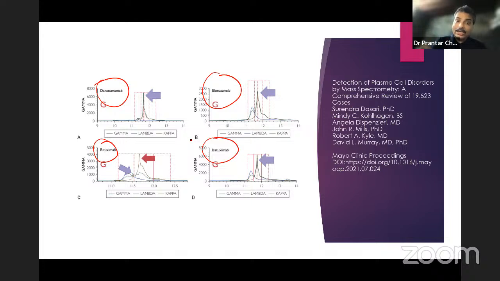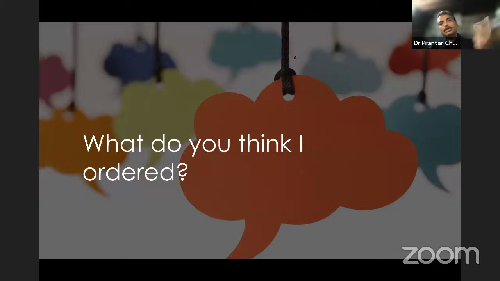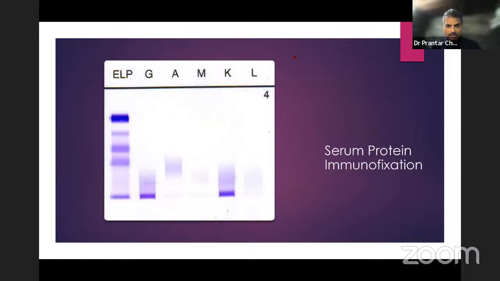These monoclonal antibodies will also show you a peak. So proteomics helps us by differentiating between the drug and the disease. Now, what do you think I ordered with this kind of information at the back of my mind? So I ordered a serum protein immunofixation and it came as IgG kappa, right?